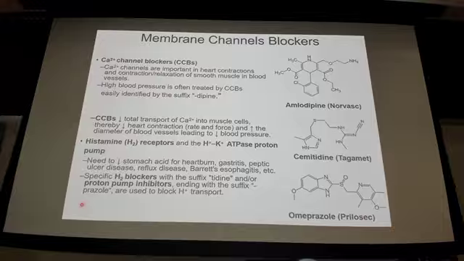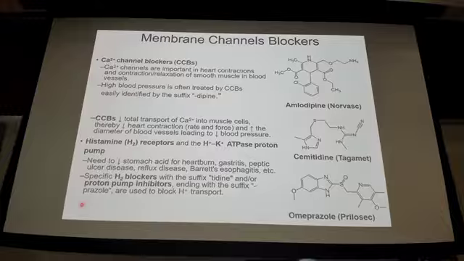So, first we're going to talk about calcium channel blockers. So, calcium channels are very important in smooth muscle contraction. What they do is these blockers basically decrease the transport of calcium into muscle cells. That decreases heart rate contraction, and then that will increase the diameter of the blood vessels, and therefore decrease blood pressure.